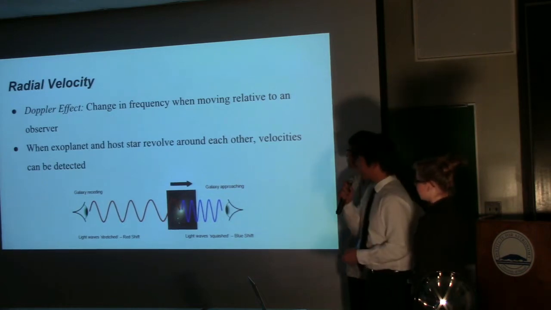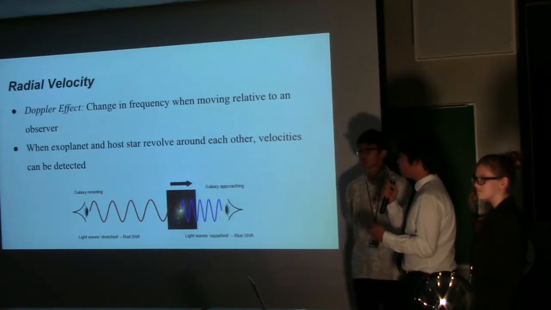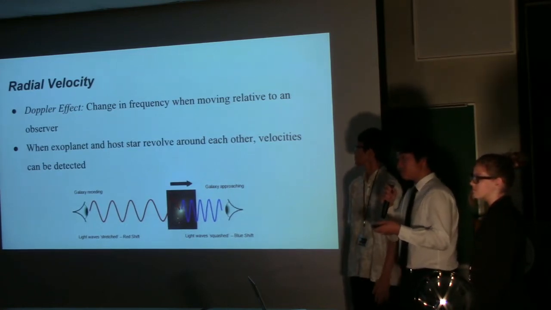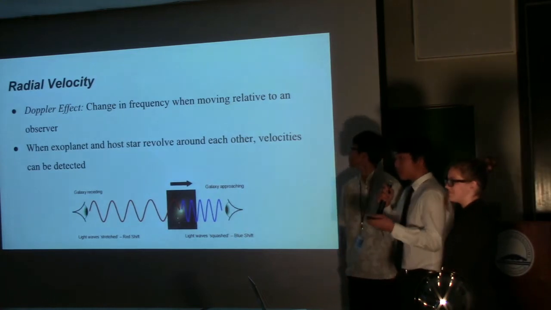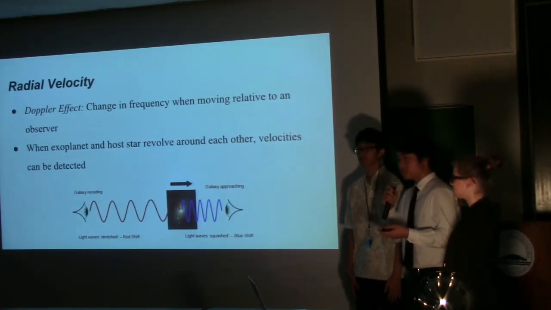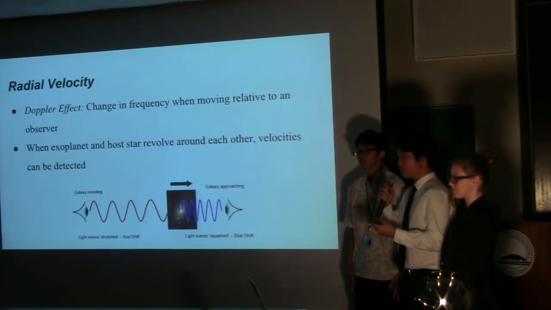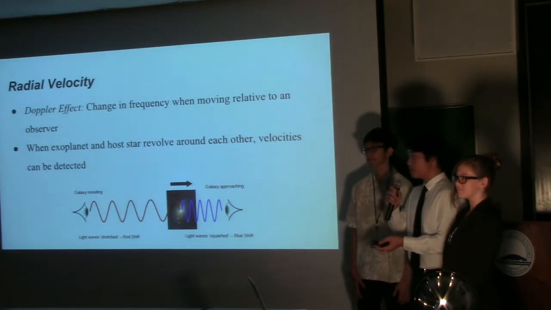So Joseph talked about how we're using the radial velocity method and the transit photometry method. Here we see the radial velocity method, which utilizes the Doppler effect to find small changes in the velocity of the star. The Doppler effect is the property of waves to shift in wavelength when moving away from or towards an observer.